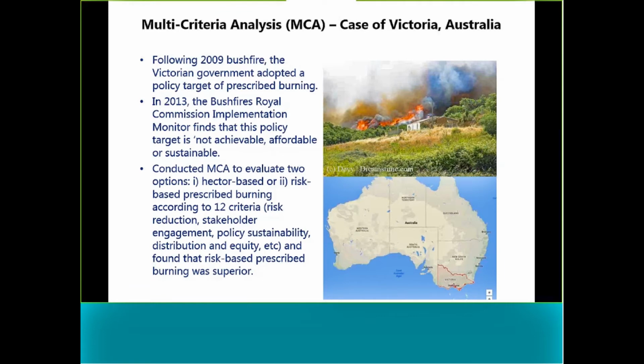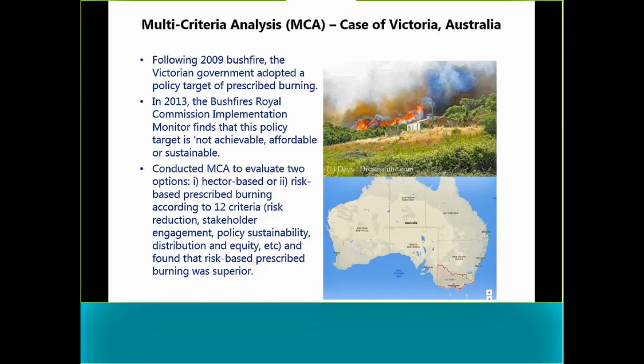One is the original hectare-based policy, so a 5% minimum area of public land. The second is a risk-based prescribed burning, where a wildfire hazard model identified particular areas that would be most effective at reducing risk.